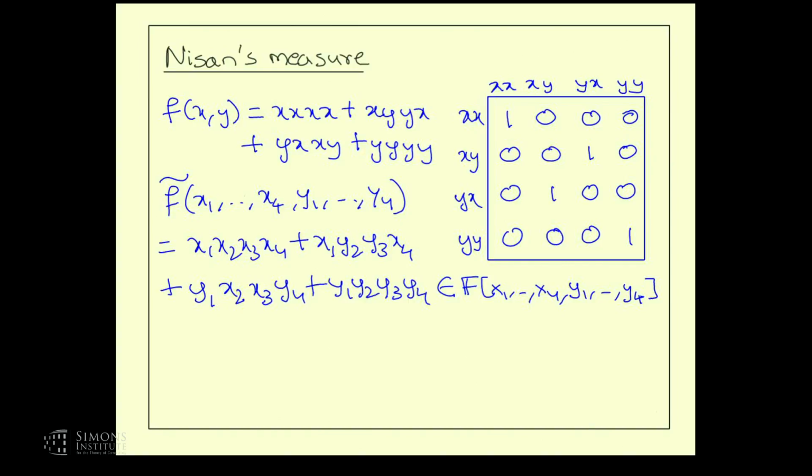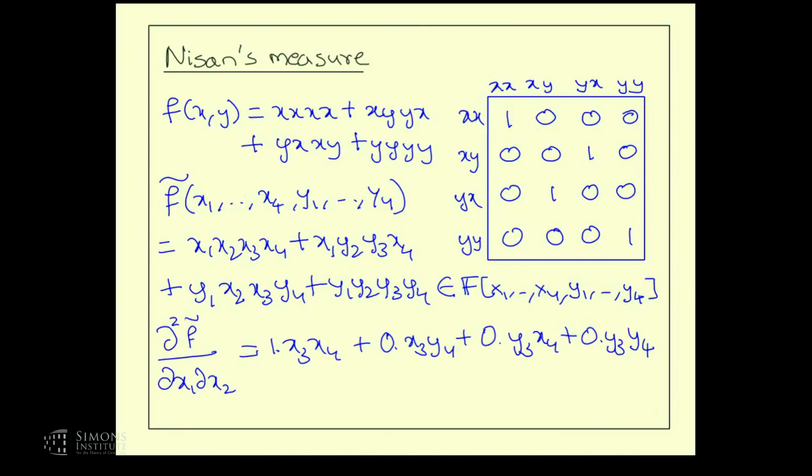The good thing about looking at things this way is that partial derivatives very naturally start appearing when you look at Nisan's measure. For example, if I look at the partial derivative of this polynomial corresponding to the variables x1 and x2, some basic calculus will tell you that it is essentially the sum of all those terms that contain x1 and x2.